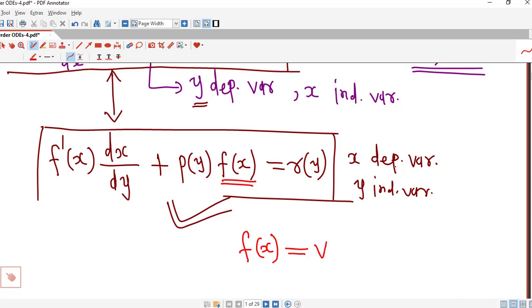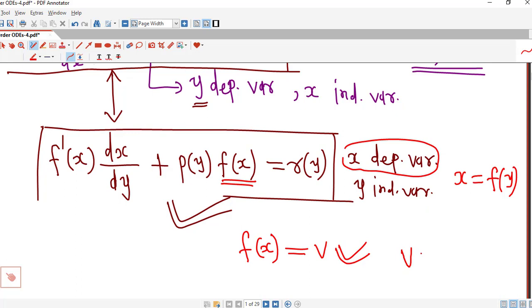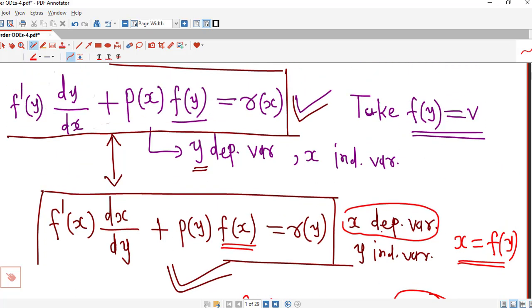But here we must be careful that x is the dependent variable, so x is a function of y. Whatever variable we change, here v is going to be a function of y, because v is a function of x and x is a function of y. Therefore v will be a function of y.